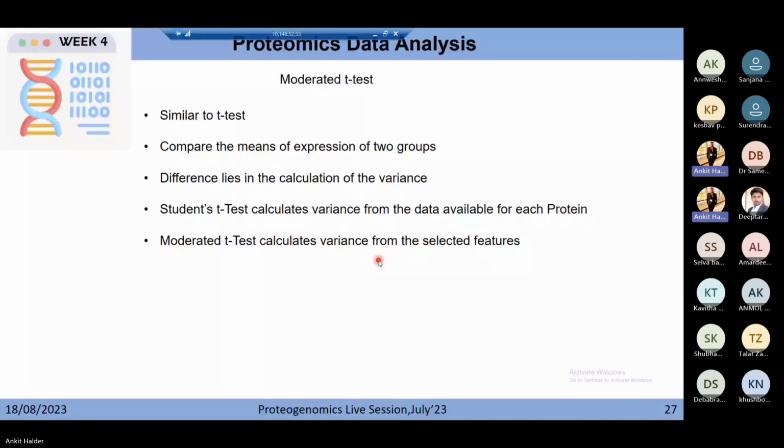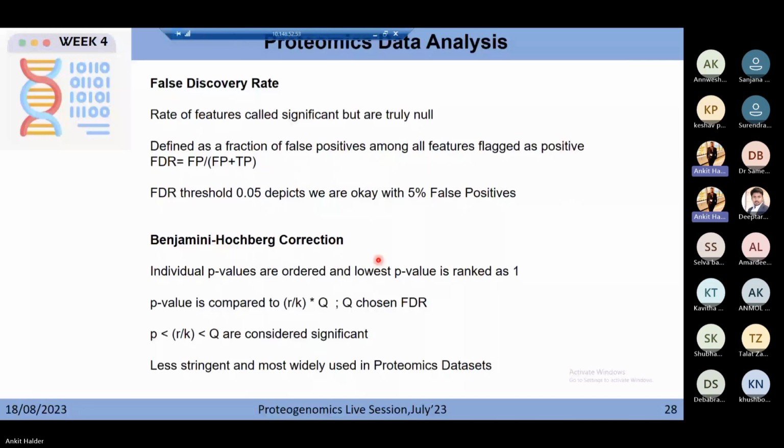And the next concept is that before I show how to analyze the data, as we are talking about normalization and imputation, I'll show that. In the previous week we had seen how the peptides could be identified from the ions from the chromatogram.